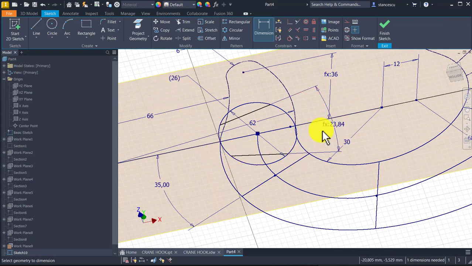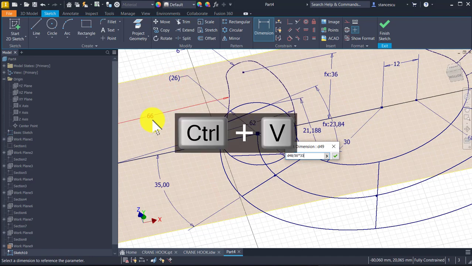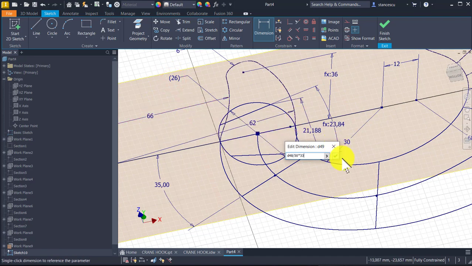Because there is the distance between 12, 68 and 30. You can calculate for yourself. Okay, this is the special dimension, which is driven, and Control V.